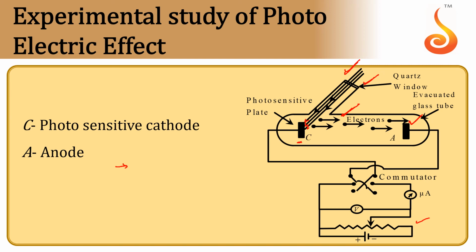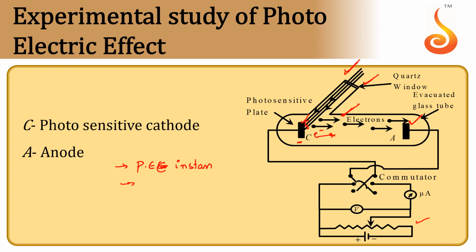The first point: the photoelectric effect is instantaneous. That means the moment the light falls on the metal plate, the electrons are knocked out from the cathode plate at the same moment.